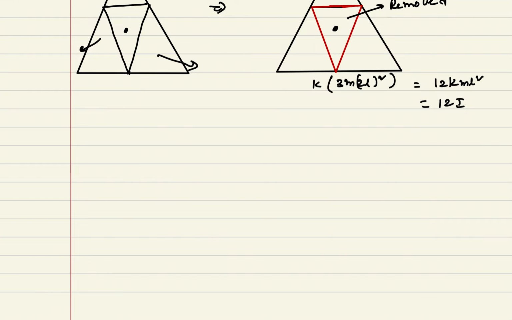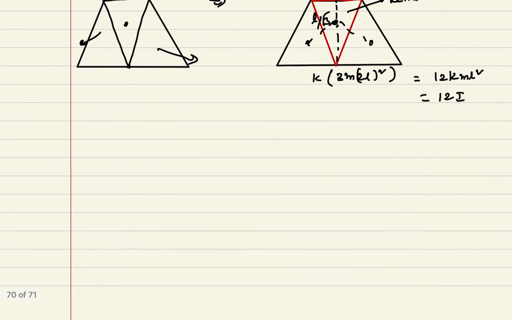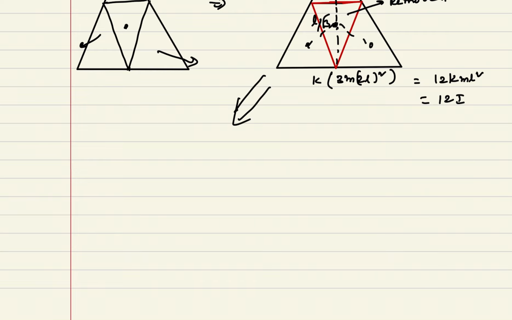That is now my new moment of inertia. Now the same thing, as earlier also I have given the distance, from every center it is L by root 3 only. This distance is how much? L by root 3. I am writing this relation. Observe this carefully, I can take this like this.